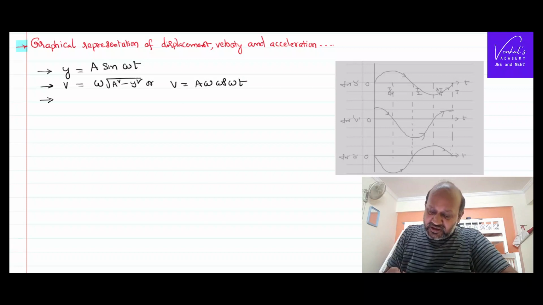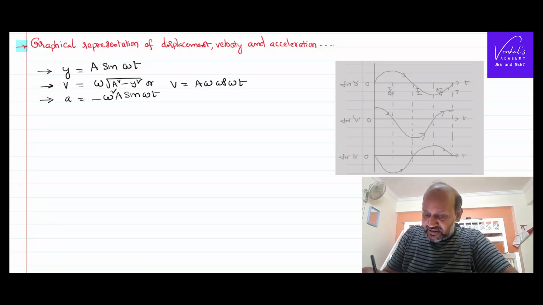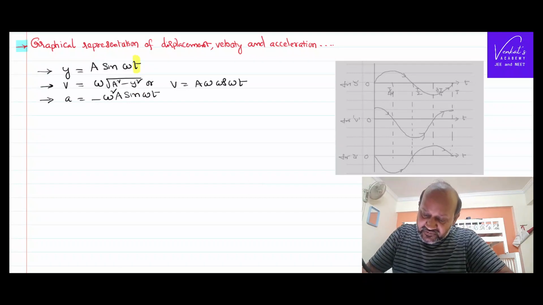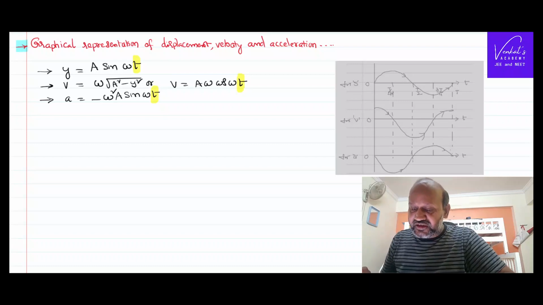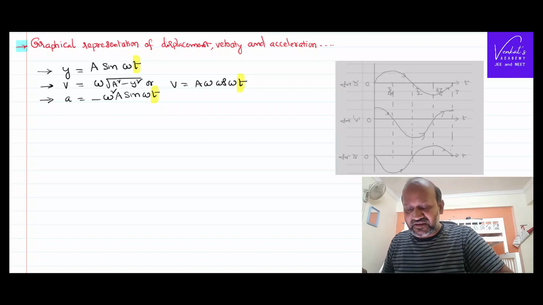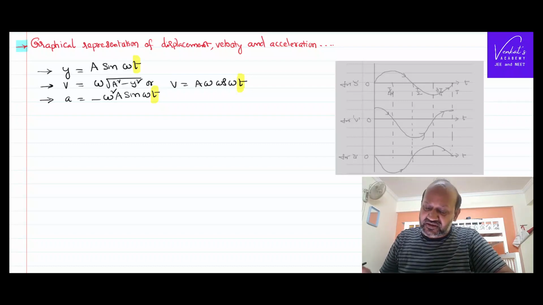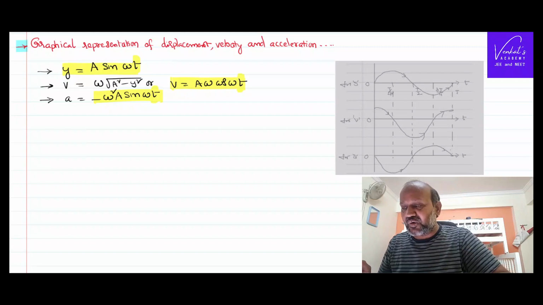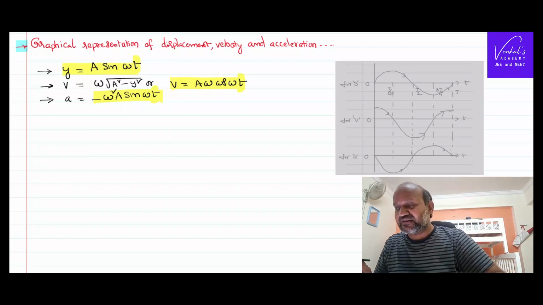We have also derived an expression for acceleration as minus omega square a sine omega t. If you notice carefully, each of them varies with time. So under different time intervals, what are the values of displacement, velocity, and acceleration? That's what we want to discuss in this video.